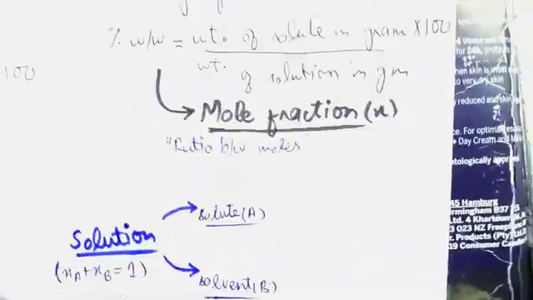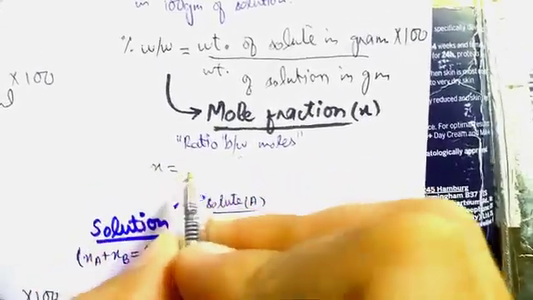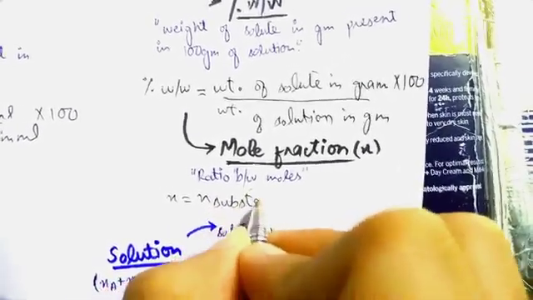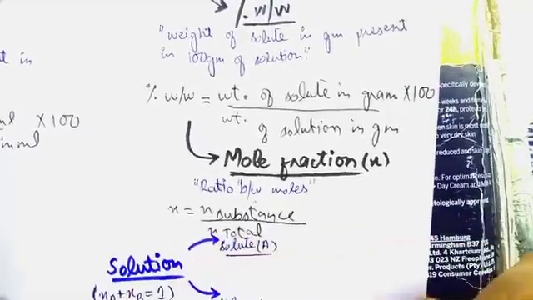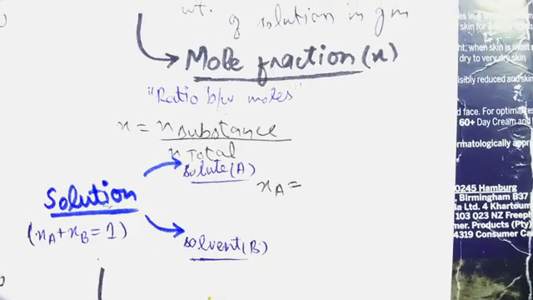And then the mole fraction. Mole fraction is the ratio between moles. The formula is mole fraction X equals number of moles of substance divided by total number of moles. In a solution there are two substances, one is solute and the second is solvent.